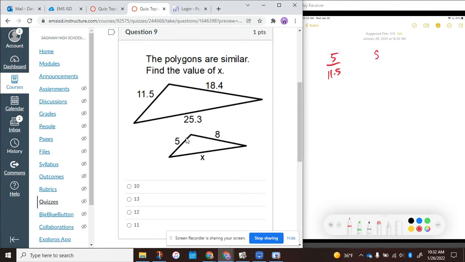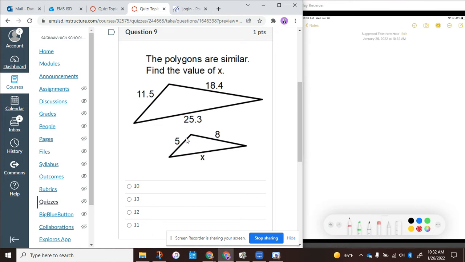Or you could say 8 over 18.4. It should end up as the same number either way. That scale factor is a big old mess of a decimal. So we're going to ignore that. Actually, you know what? Scratch that whole thing.